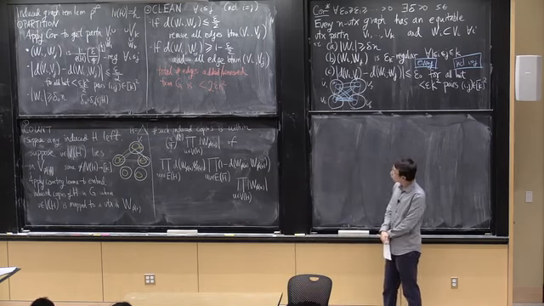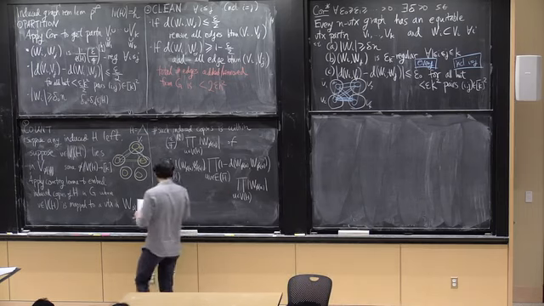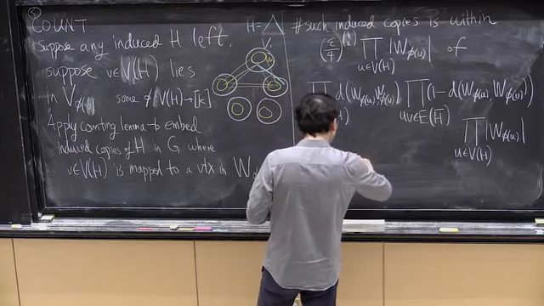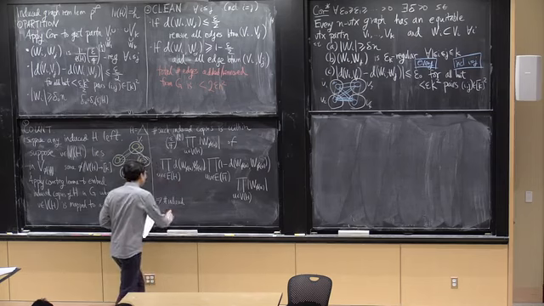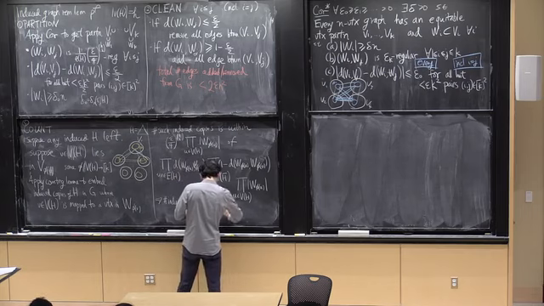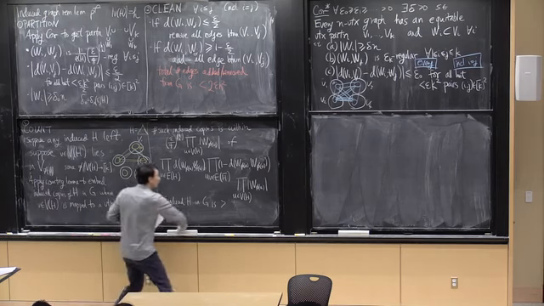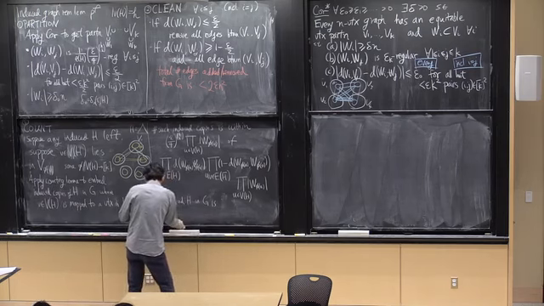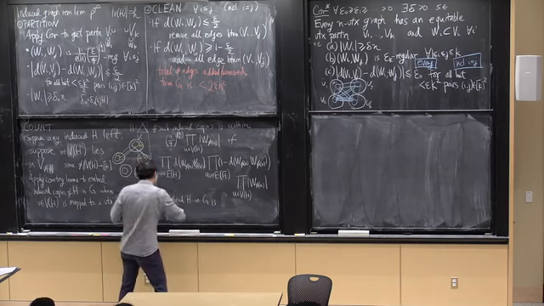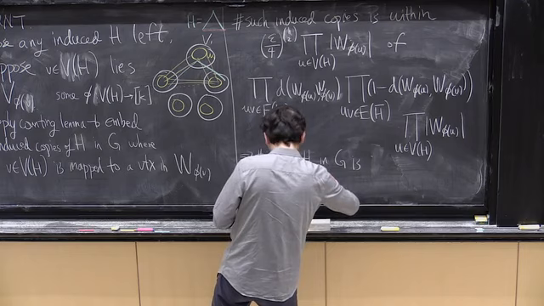Okay, and the point is that this is not a small number. Hence the number of induced copies of H in G is at least some number, which is basically this guy over here. So epsilon over 4 raised to, I mean, all of these are constants. Right? So that's the point.